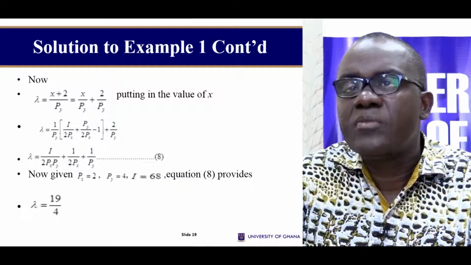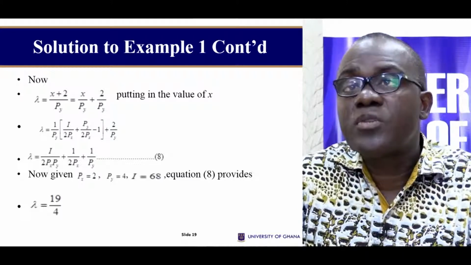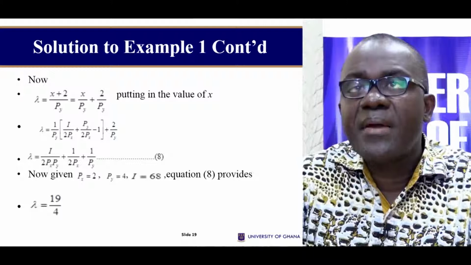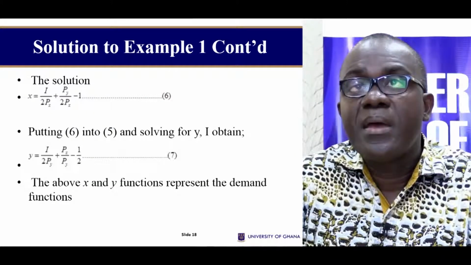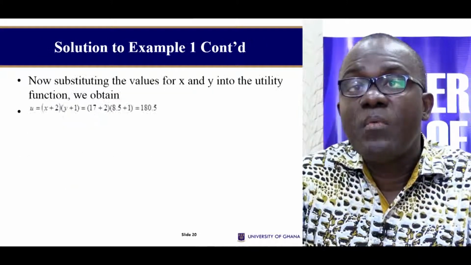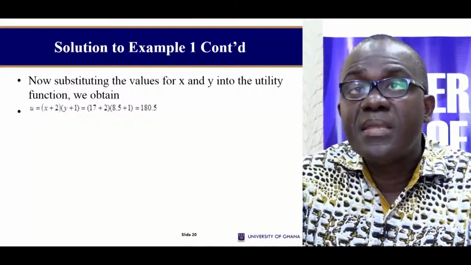So this is the value that we're given over there. So it is a matter of slotting these values into the Lagrangian here, and we get this. We also have to slot them over here, X and Y.